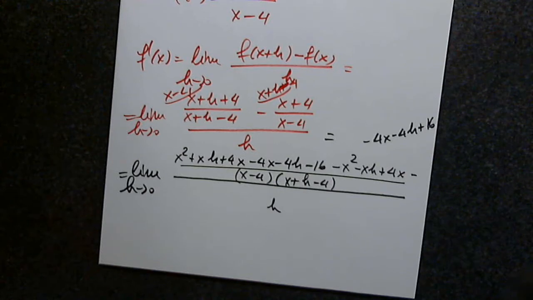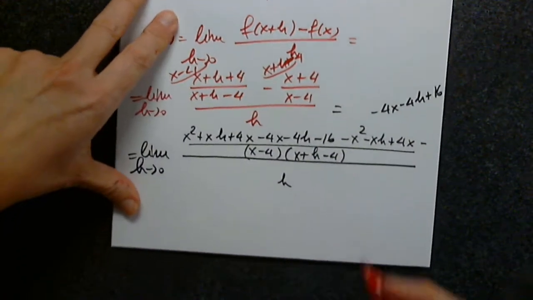Be creative. So remember, with the limit of the difference quotient, what has to happen? All terms without h from the top must go away. And eventually h in the denominator must go away.